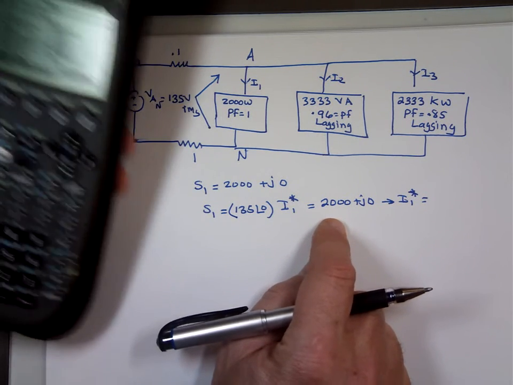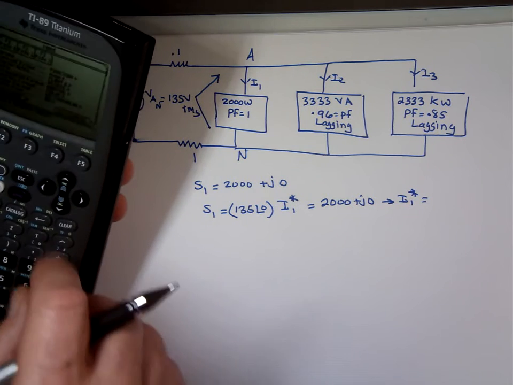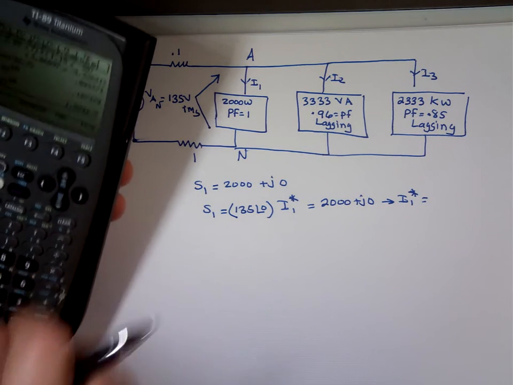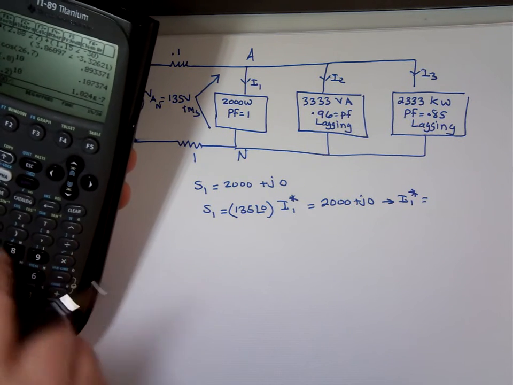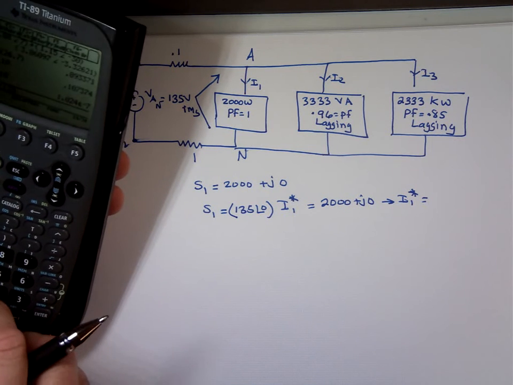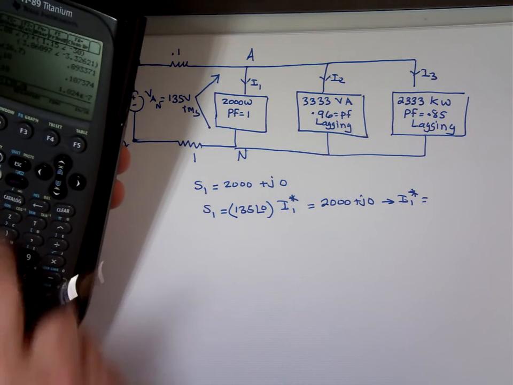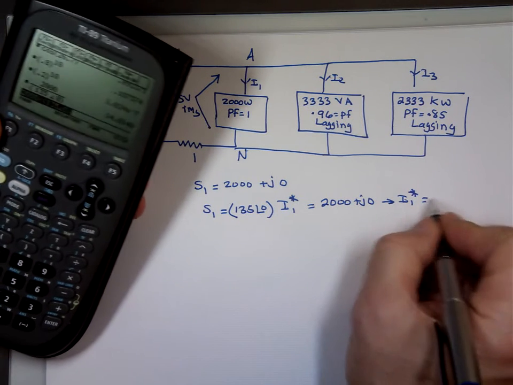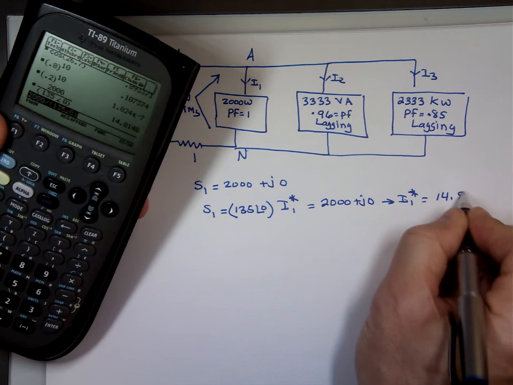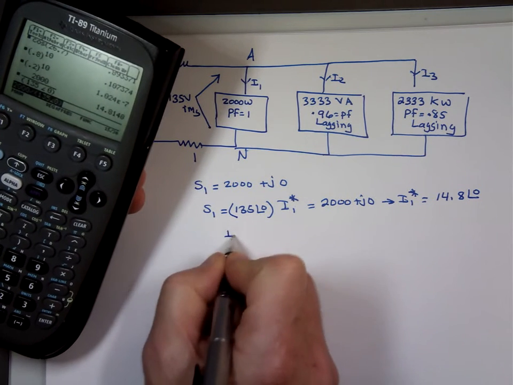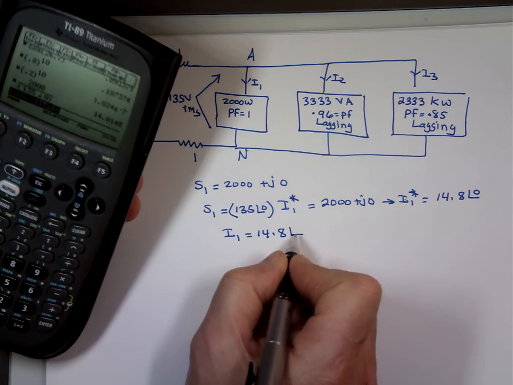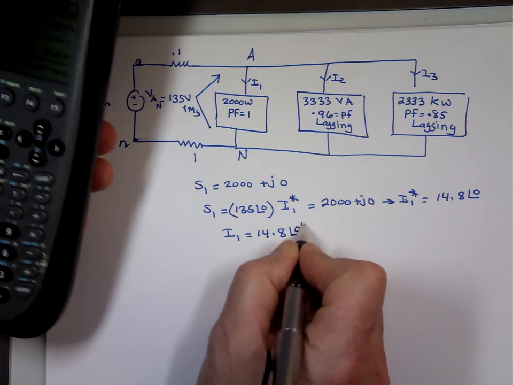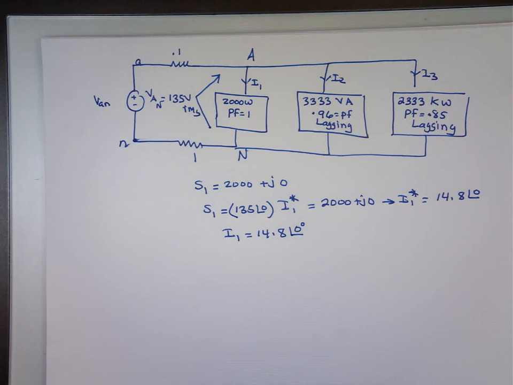So that'll be 2,000 divided by 135 angle 0, and it's 14.8 angle 0. What's I sub 1 then? 14.8 angle negative 0, which is still 0. So that's I sub 1. We need that.